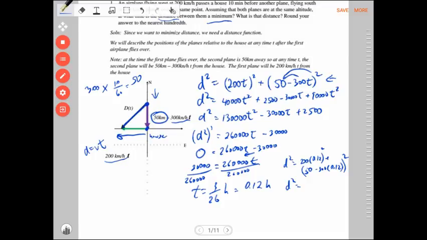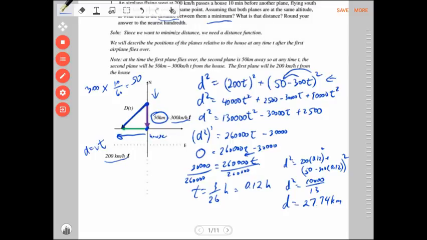Okay, and then we're going to just square root that as well. So d squared was 10,000/13. So then d equals, and I'm just going to round to the nearest hundredth, 27.74 kilometers.